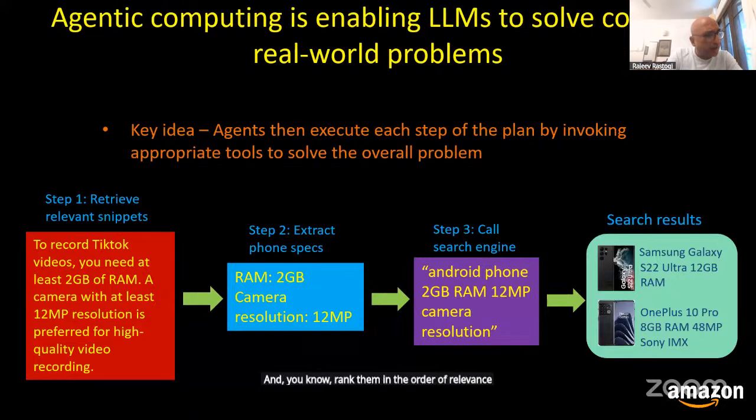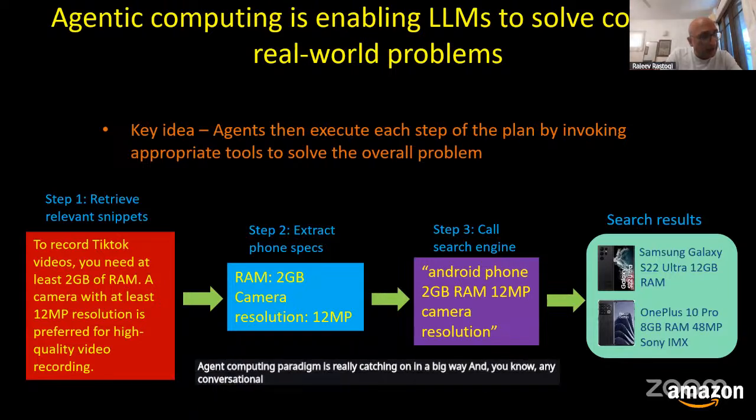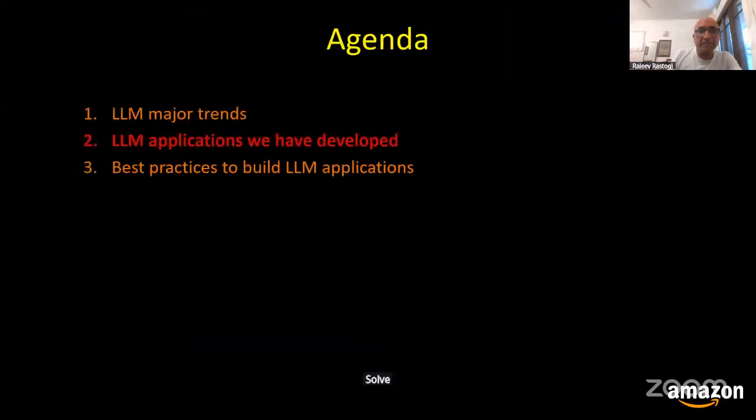Right now, the agentic computing paradigm is really catching on in a big way. And any conversational engine out there that you're interacting with is using agentic computing to answer user questions, to interact with users, and in general solve complex problems, right?